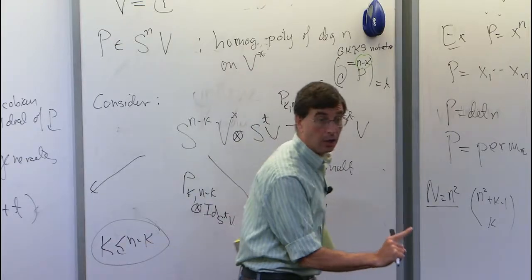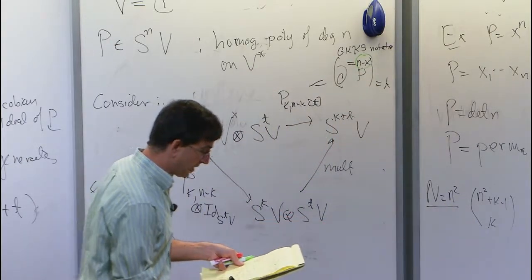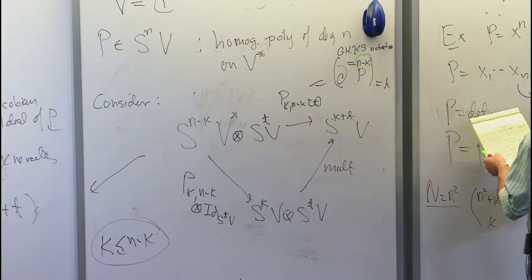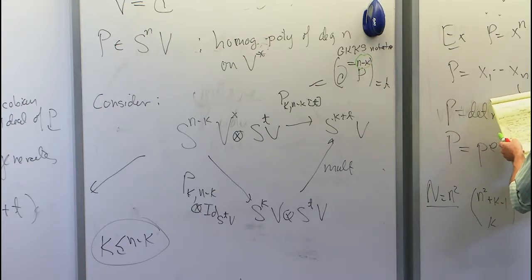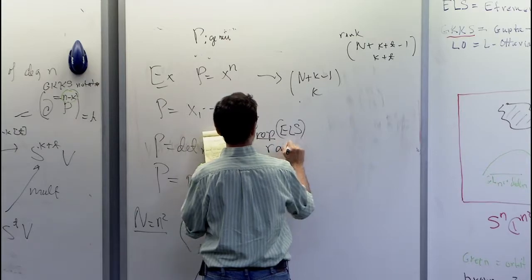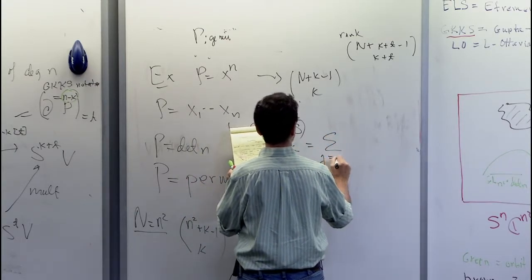It has no kernel, and I'll return to that issue later. That actually will be kind of sadness for us. In this case, this is sort of known to the experts, but we couldn't find it written down. The rank is this sum of binomial coefficients.